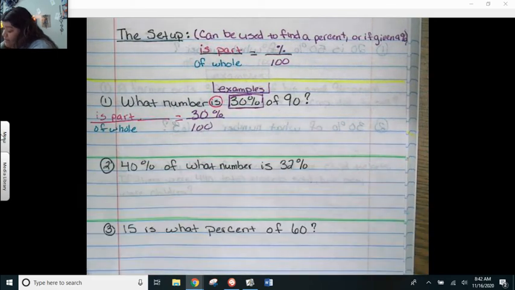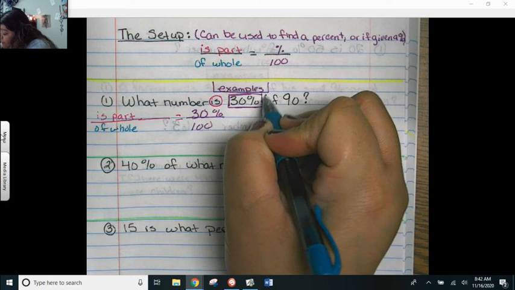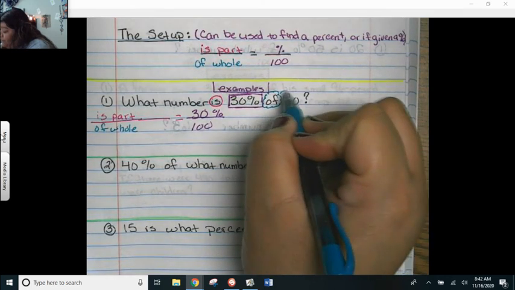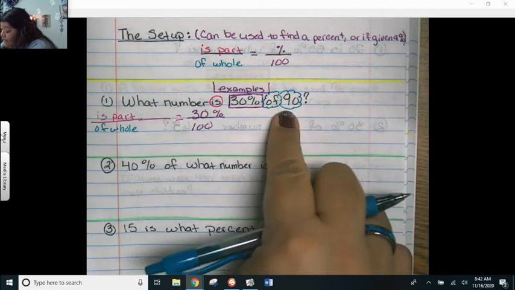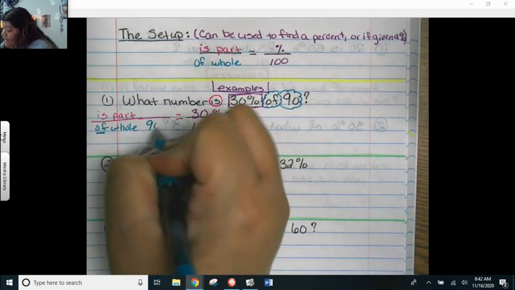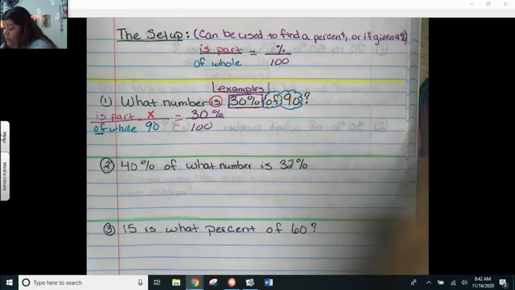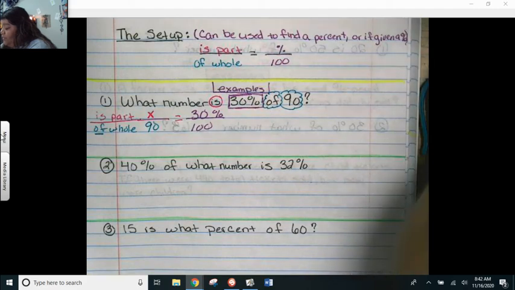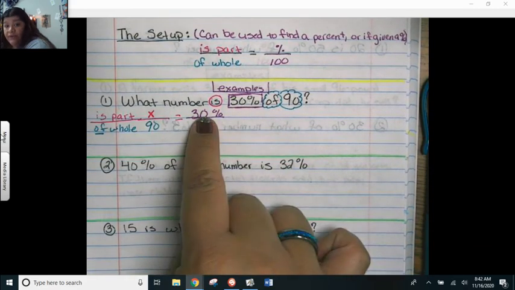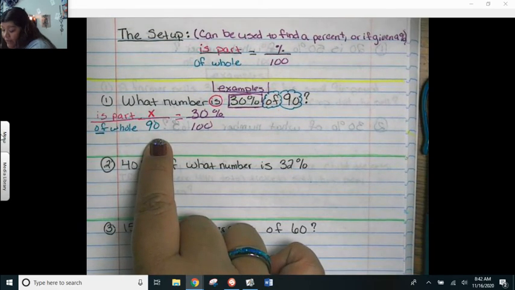Because over here is my word "of", and the number next to "of" is 90. So the "is", the part, we don't know yet. So "is" is blank, 30% goes over 100, and 90 goes over here in the whole, the "of".